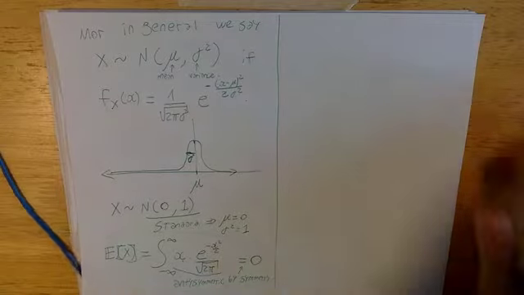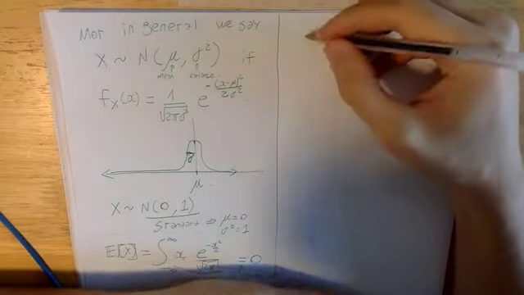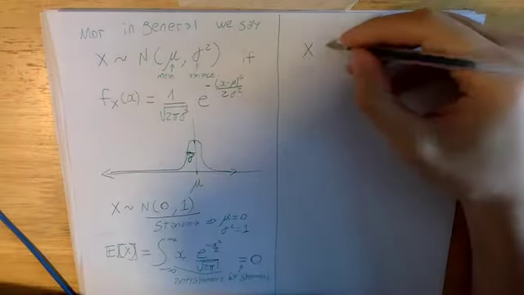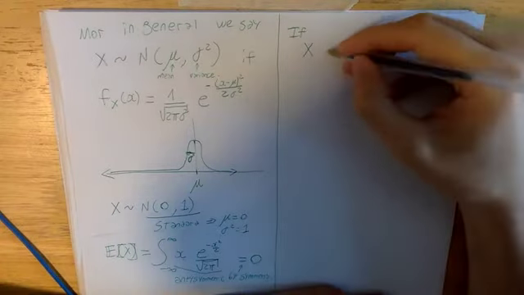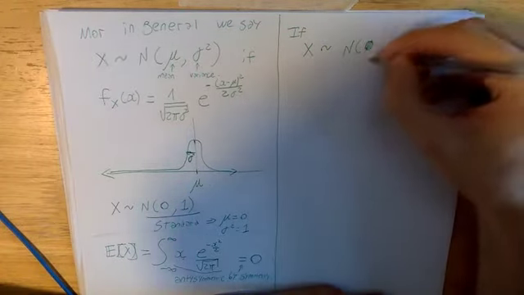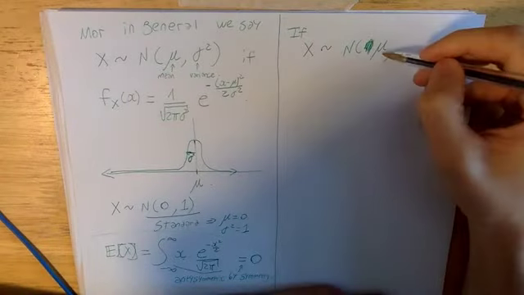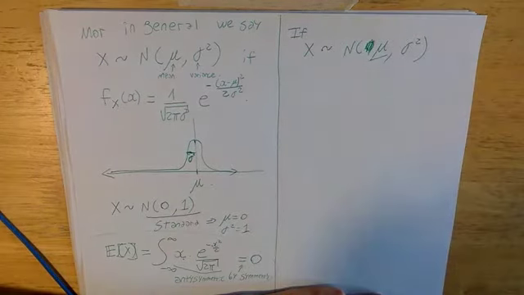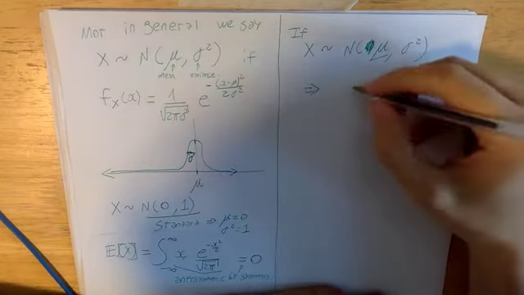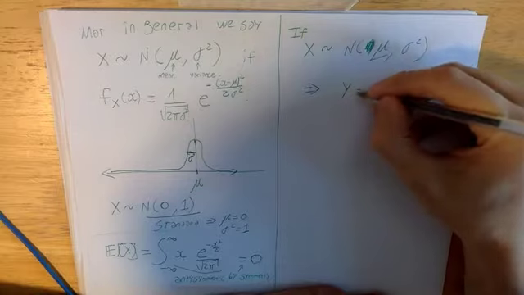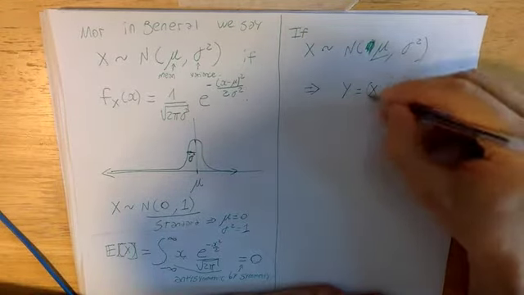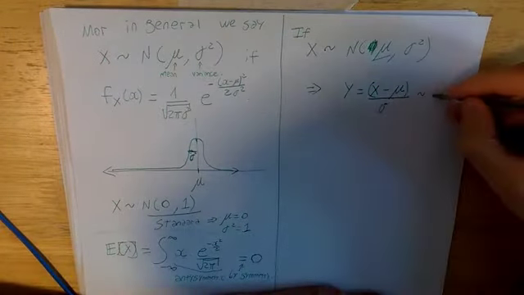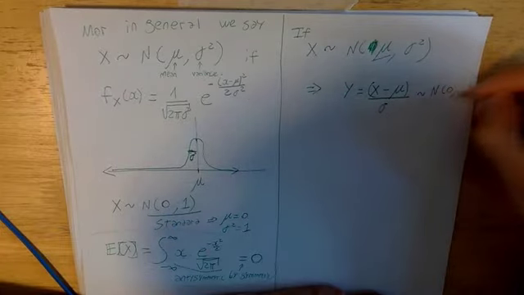Okay, and now the next thing that you can see, and this one might be a little bit more of an exercise for you, is that if x is distributed normally with parameter mu and variance sigma squared, then let's call it y, which is equal to x minus mu over sigma, is distributed as a standard Gaussian.